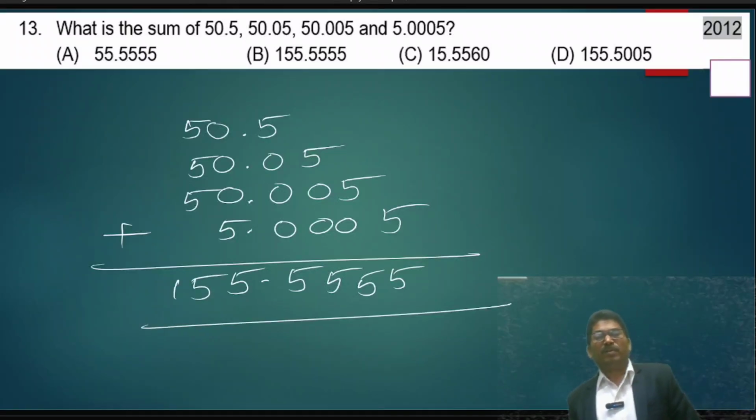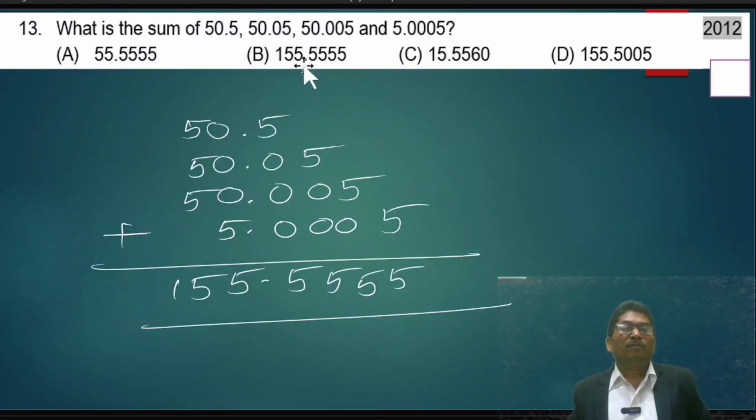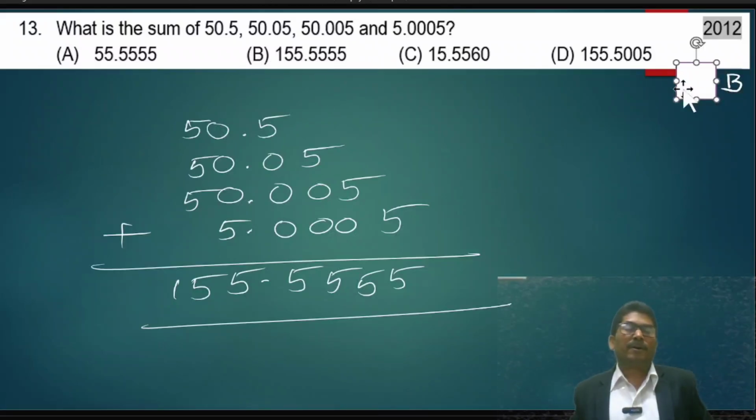So 155.2, 5, 5, 5, 5. So B is the correct option.